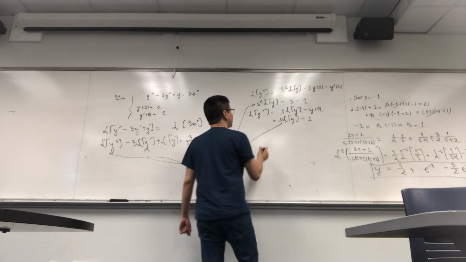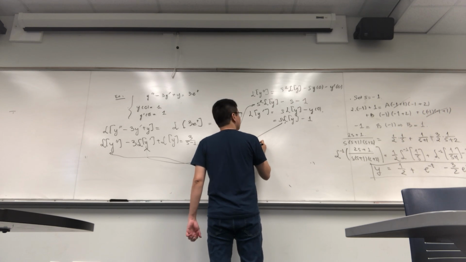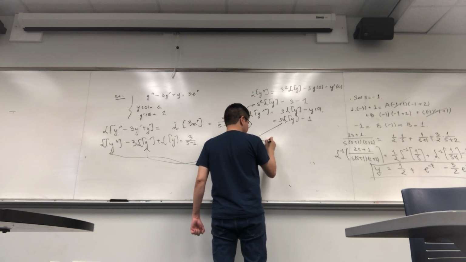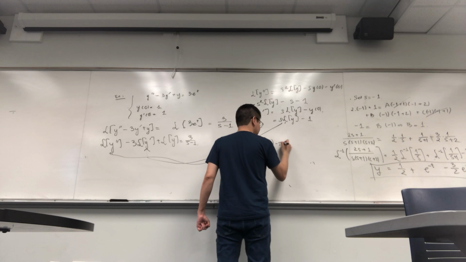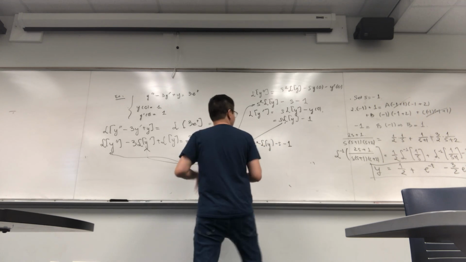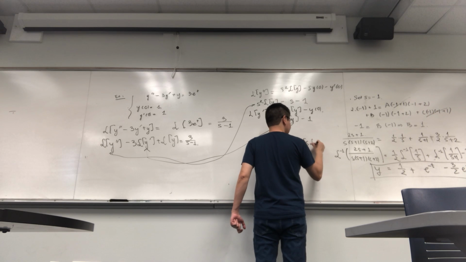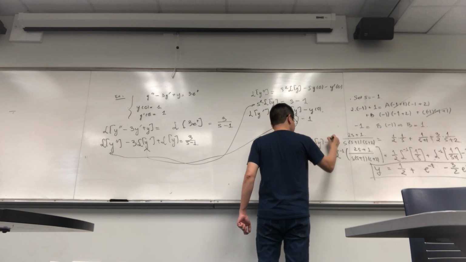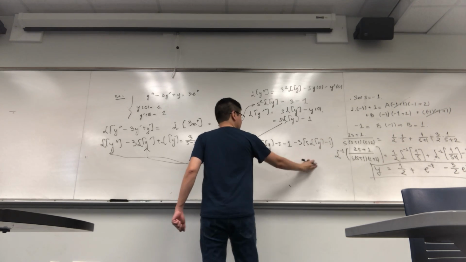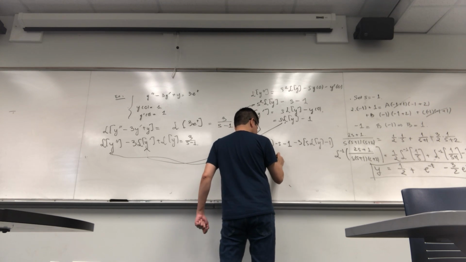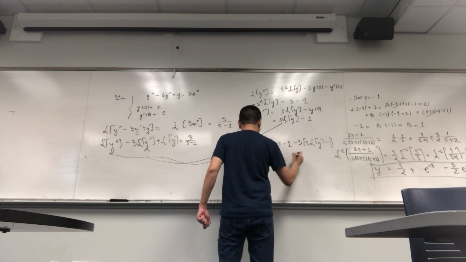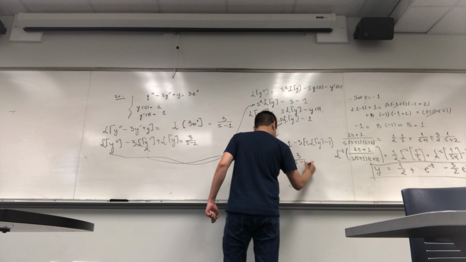I'm gonna get s squared Laplace transform y minus s minus 1 minus 3 times s Laplace transform y minus 1 plus the Laplace transform y, and this is equal to 3 over s minus 1.